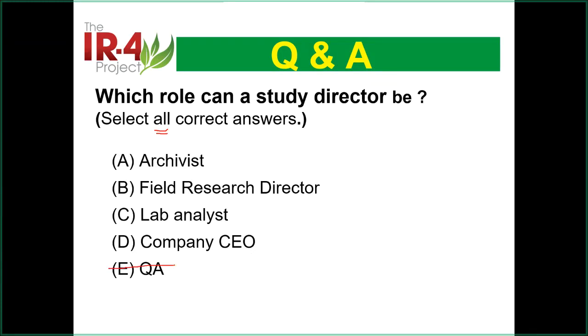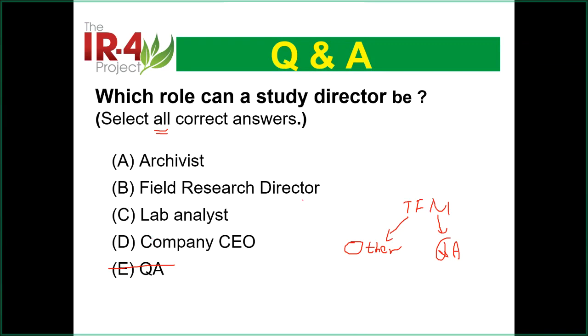He cannot be the QA because QA must be under the big boss, which is the facility manager. Sometimes we call that testing facility management. That's the boss. The QA must report directly. Then all the research people or other people must be here, including study director, field lab, and everyone else. So it's totally separated. So we know study director cannot be QA.